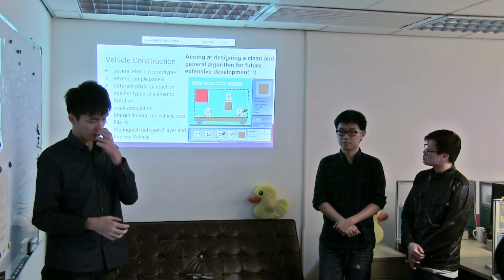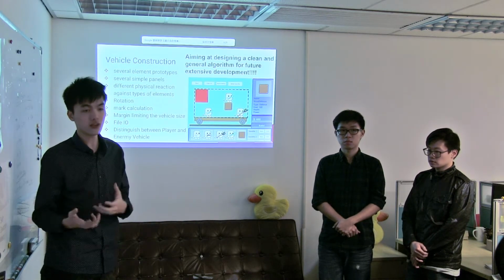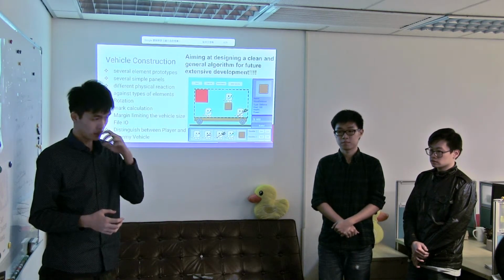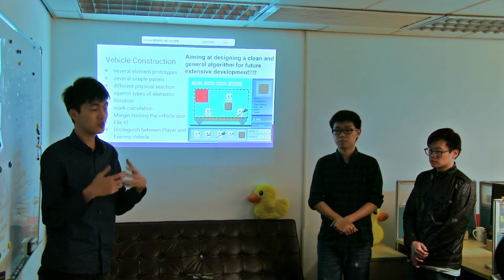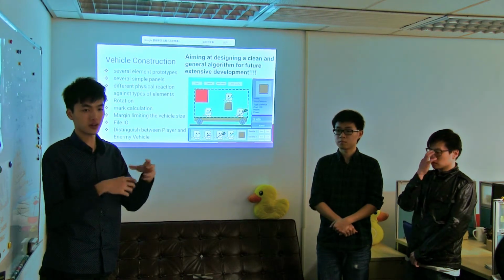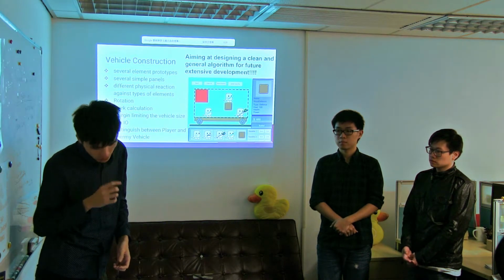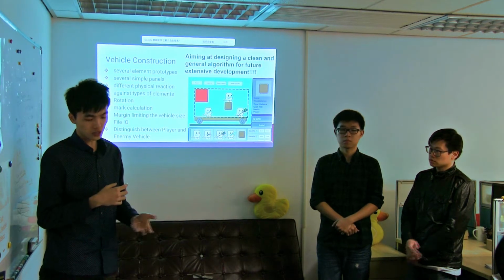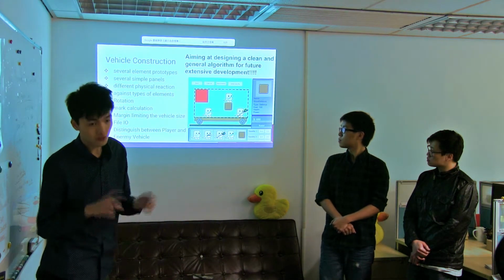And we added some physical reactions amongst different kinds of elements. So when there's a collision between two minions, nothing will happen. But if you step on a roof block, it will trigger a collision, and it won't drop. And we have implemented some simple rotation and some markup calculation, and some file I/O actually.